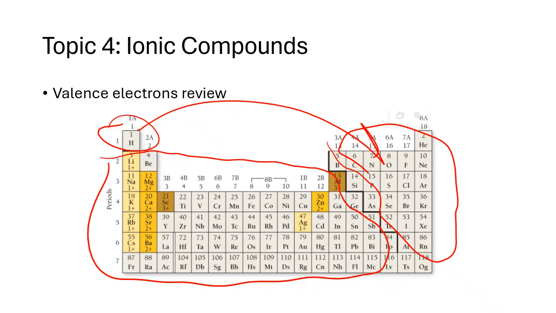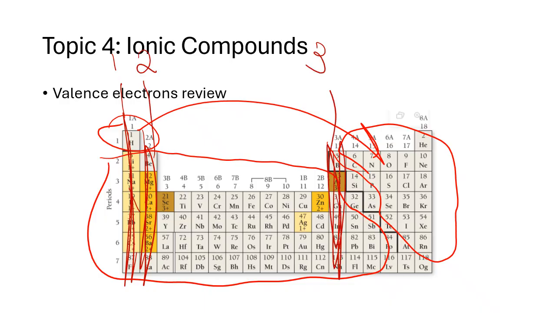Now, here is a review of valence electrons. I'm not able to erase what I wrote on the slides. So group 1 alkali metals have 1, group 2 has 2. Valence electrons are outermost electrons.